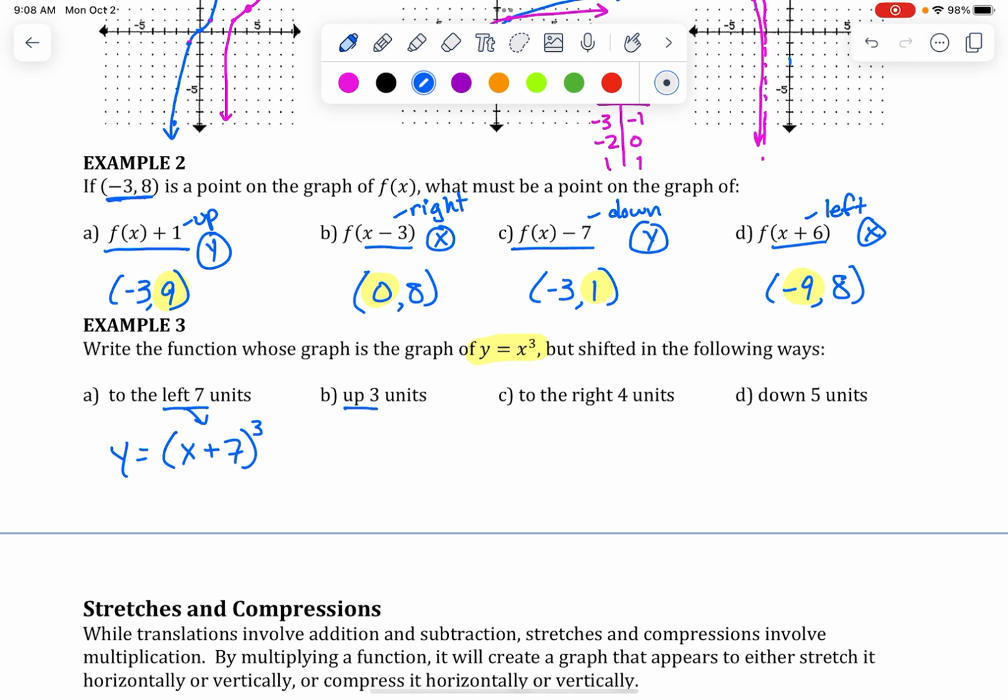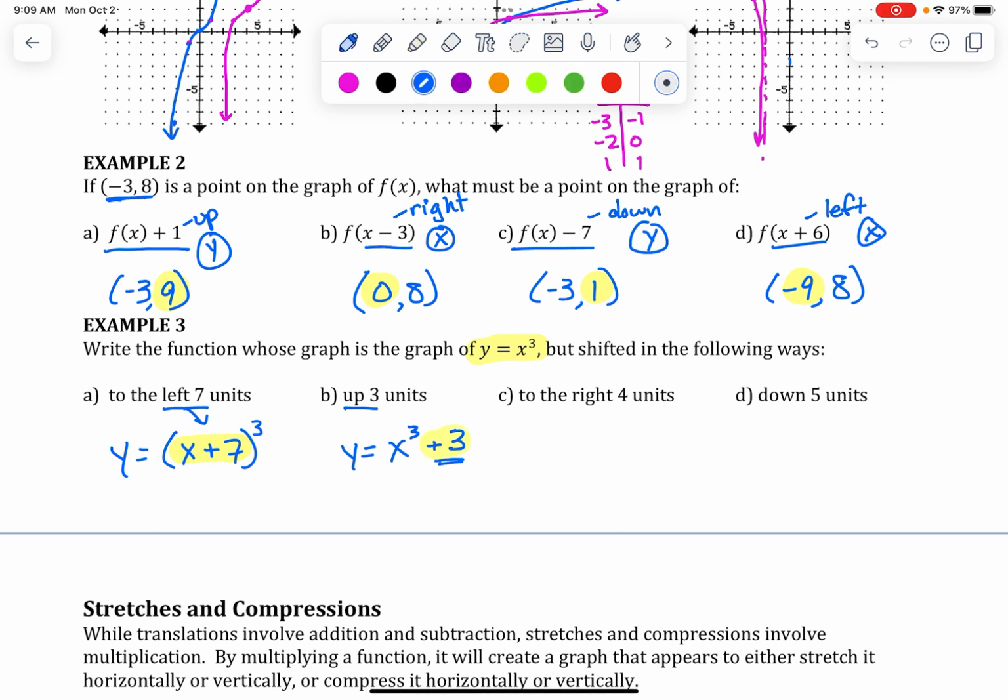If it's up 3, you're doing it outside, so there's no parentheses necessary. You keep the x cubed as its parent function, and then you add 3 outside of it. So note the difference: when you have parentheses, it moves horizontally, and when you don't have parentheses, it moves vertically.